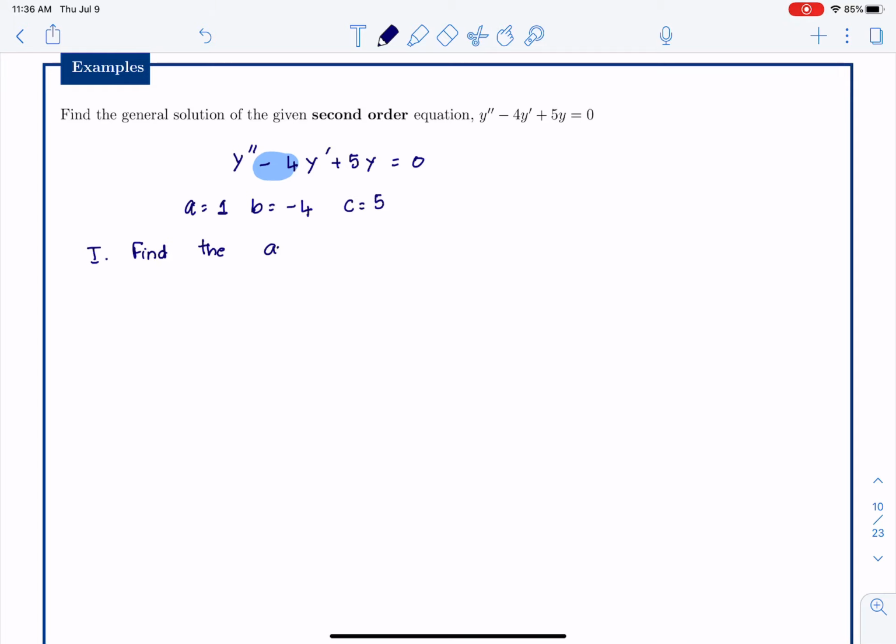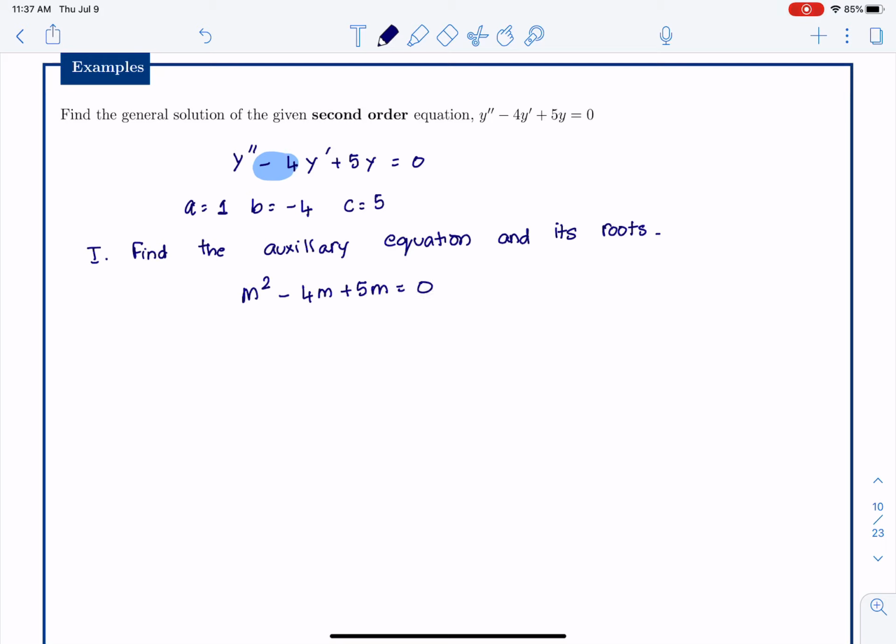So the first step is to find the auxiliary equation and its roots. So what is the auxiliary equation here? It is m squared minus 4m plus 5 equals 0.